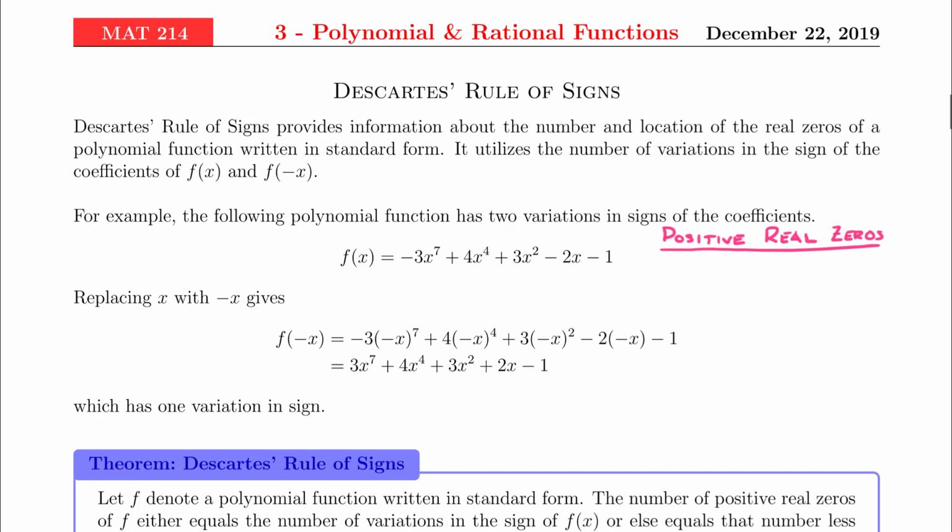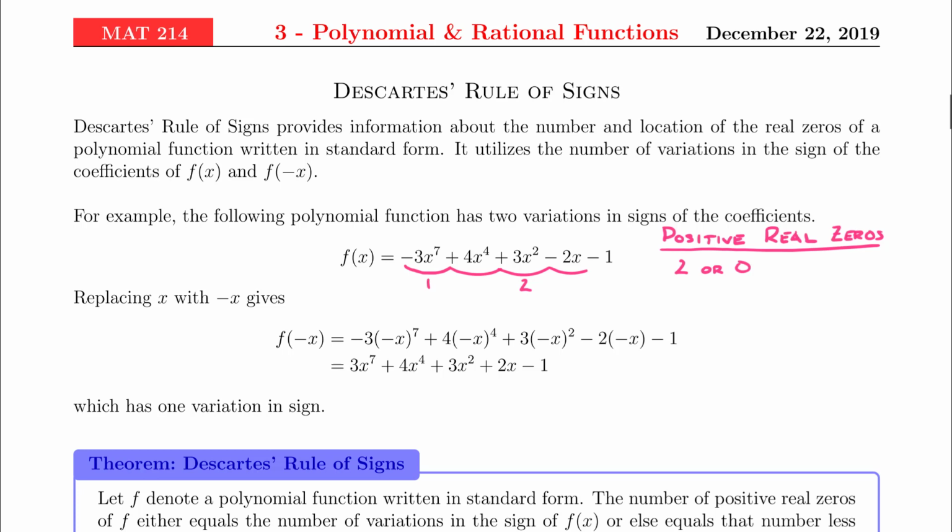And we just take our given function and we count the number of sign changes. So we start out negative and go to positive, so there's 1. Positive to positive. Positive to negative is our second sign change. And so this has 2 or 0 positive real zeros. And the way that works is we count the number of sign changes.